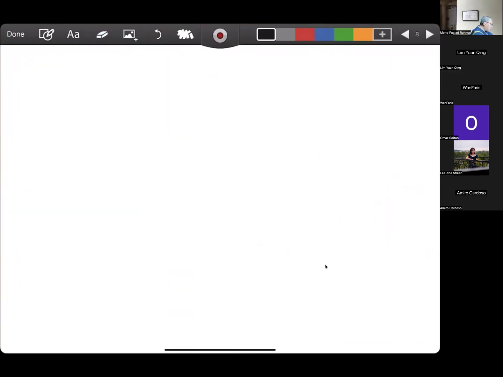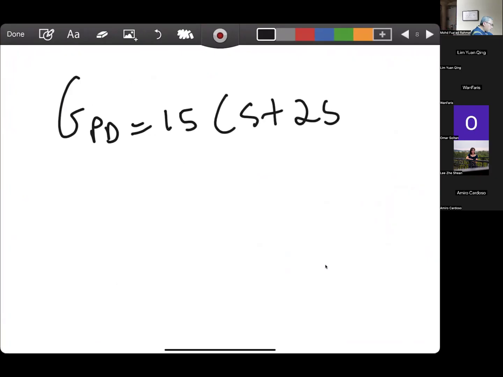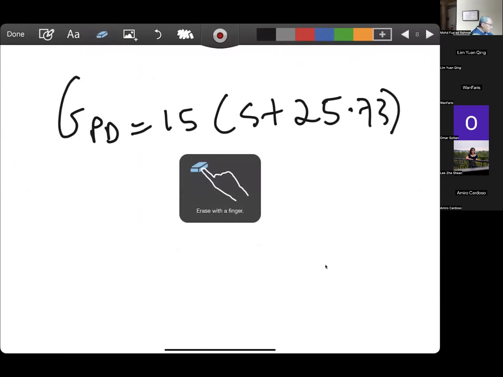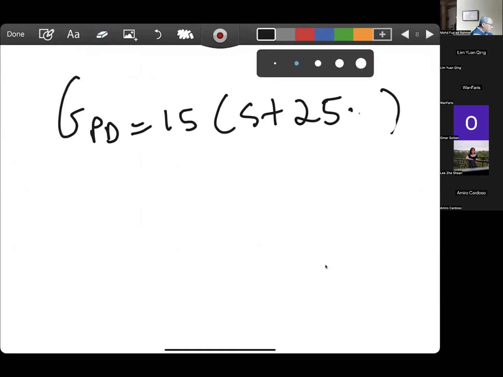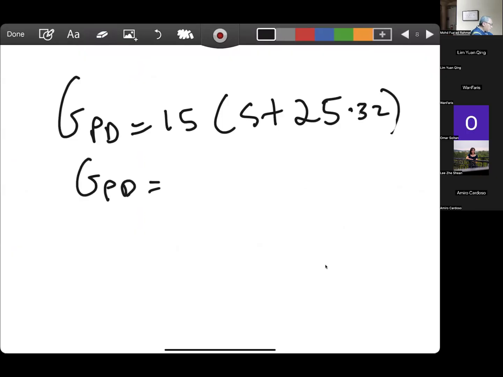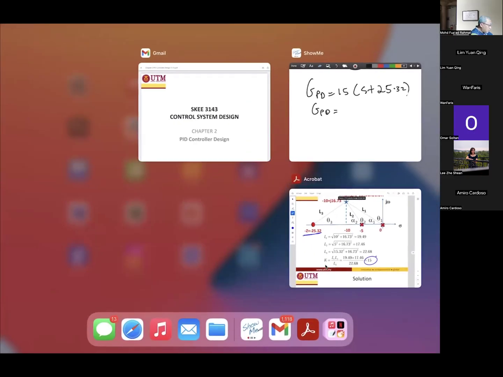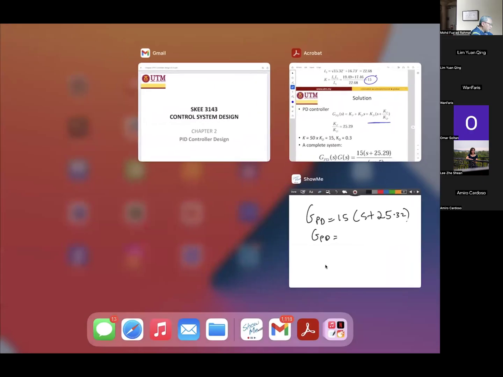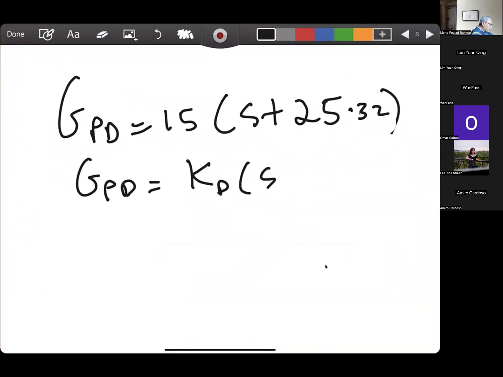Therefore the GPD is 15 times s plus 25.32. What is the standard form? Kd s plus Kp over Kd.